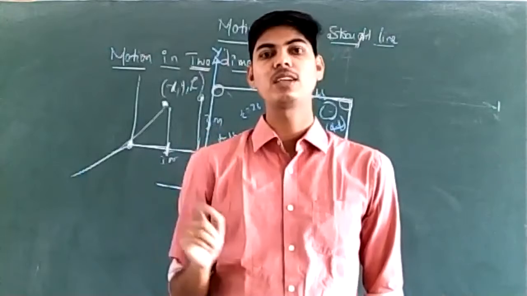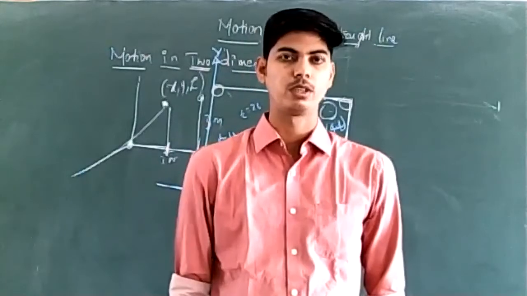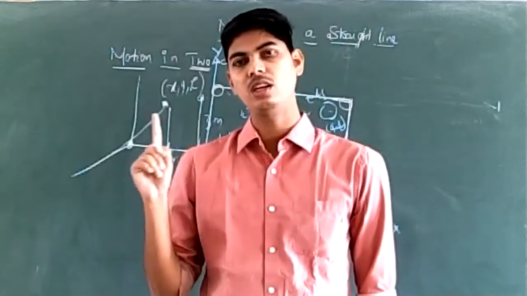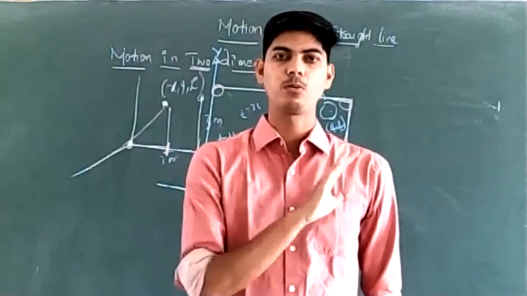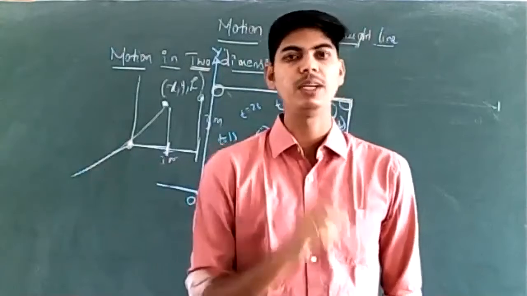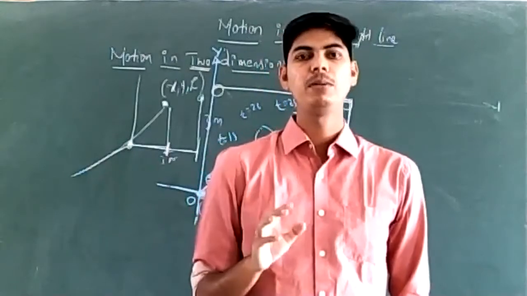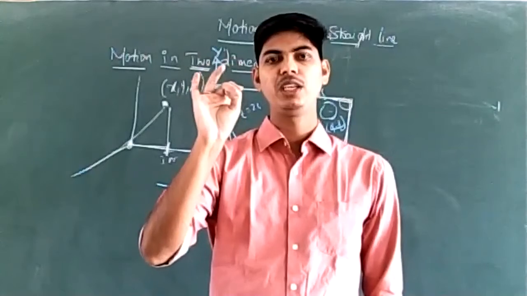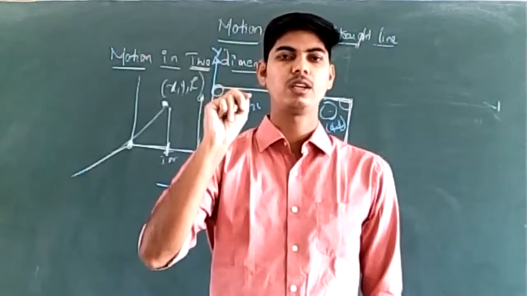We should now start studying the parameters of motion. I have told you, in kinematics we will not be dealing with the cause for motion. Instead we will be studying about the parameters of motion. What are the parameters of motion? Distance traveled, displacement, speed, velocity, acceleration.